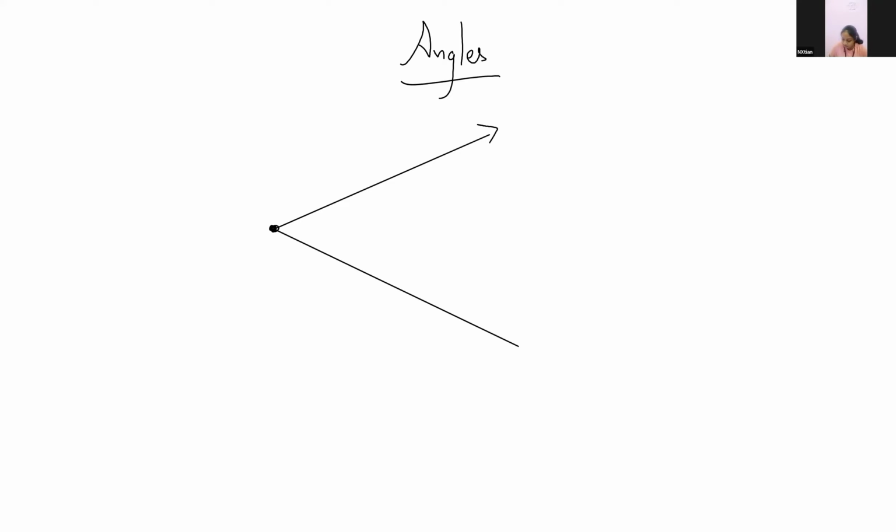Now what is an angle? An angle is formed between rays when we make them from one initial point. Suppose my initial point in this diagram is point O. Let's name this ray A and this ray B. My angle will form between those two rays.